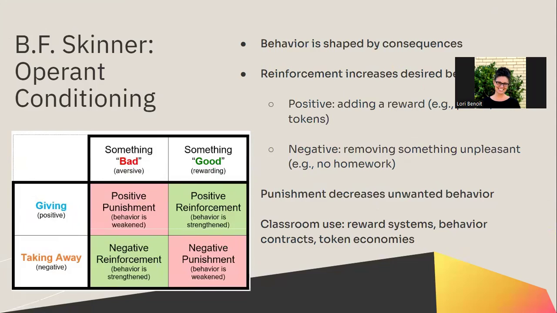So let's study B.F. Skinner's operant conditioning theory. Skinner believed that behavior is shaped by its consequences. In the classroom, this shows up in systems that reward good behavior and discourage unwanted behavior. Positive reinforcement adds a pleasant consequence, like praise, while negative reinforcement removes something unpleasant, like extra homework.